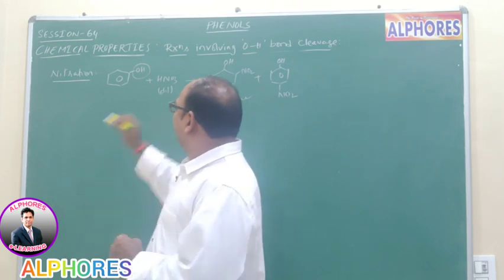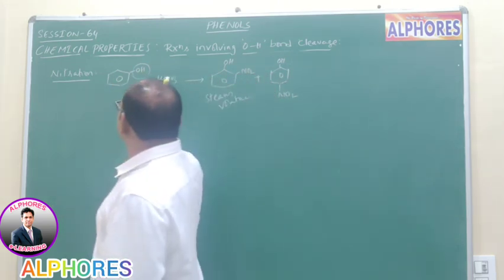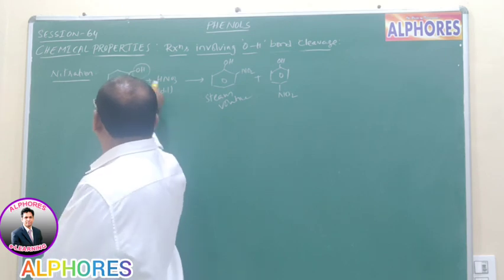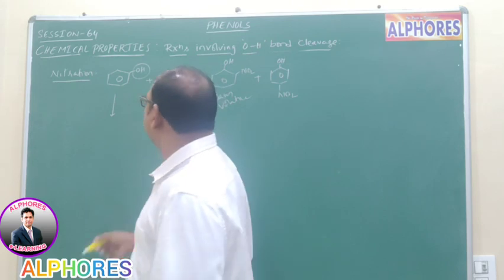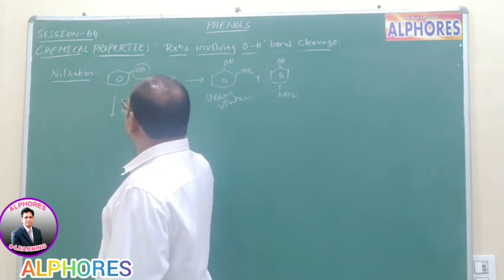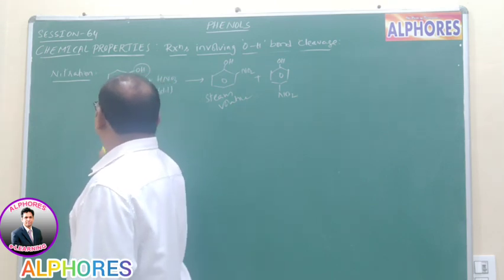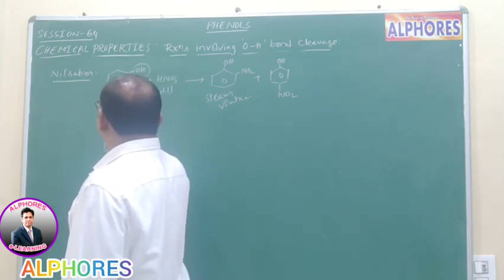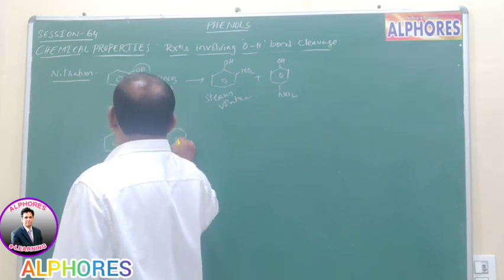And here, instead of direct NO2 plus, there is another alternate mechanism, in which HNO2 generally takes part in the reaction. During HNO2 participation, phenol is going to convert into ortho-nitrosophenol and para-nitrosophenol.